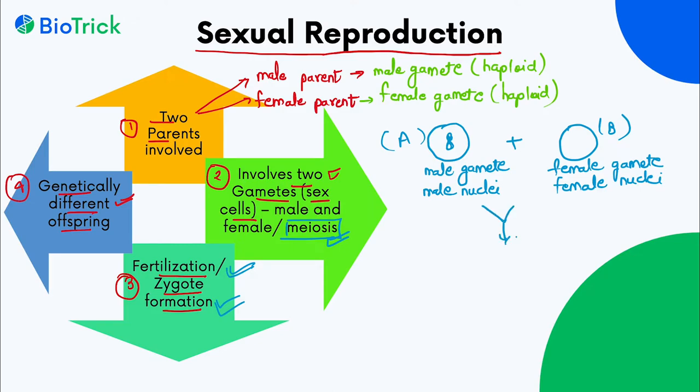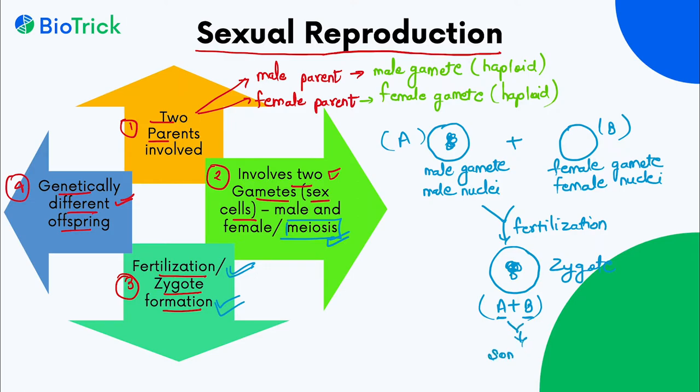When the fusion occurs by the process of fertilization to form the zygote, the fusion of nuclei occurs, that is fusion of A plus B. The A nucleus and B nucleus fuse to form A plus B, which has some entirely new features due to the combination of A and B. So the zygote is neither similar to A nor similar to B. It has some new features.